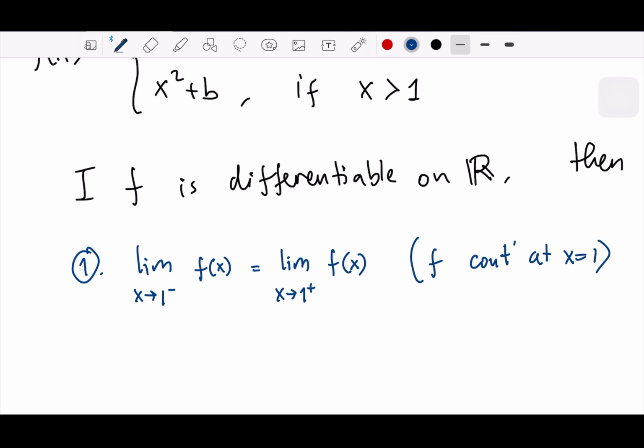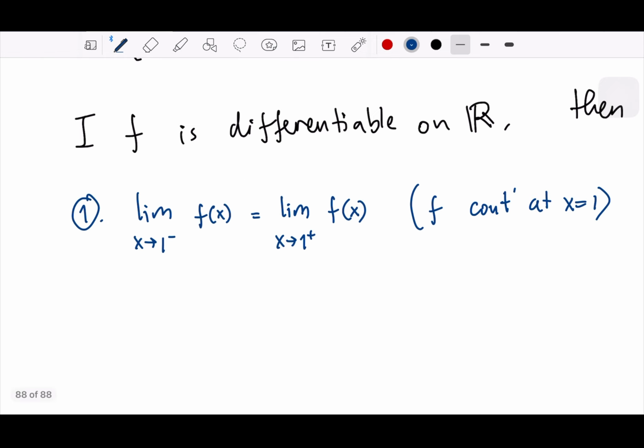If not, then we don't have any more steps. And second, let me write, okay, maybe write like this.